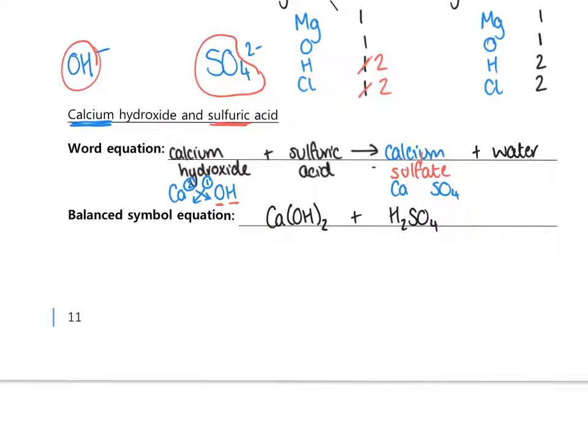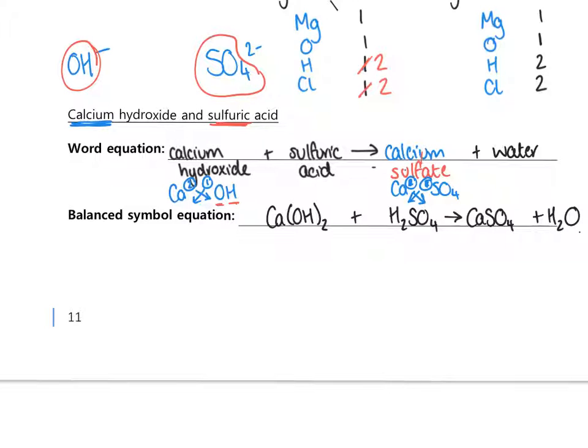My charge is 2-, so the valency is 2. Calcium is group 2, so it also has a valency of 2. Those number 2s are going to cancel down to 1 to 1. Then when I swap and drop, I will get CaSO4. There's no number outside the brackets, so I don't need to include them. It's just CaSO4 plus water on the other side.